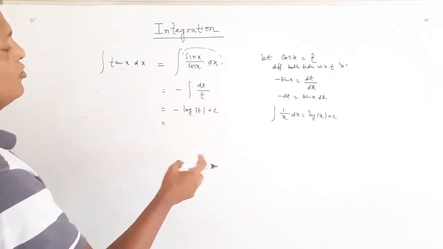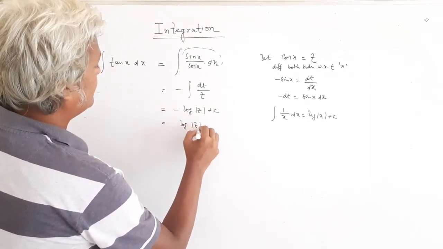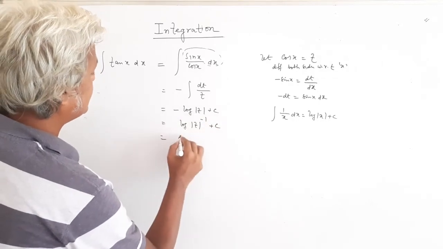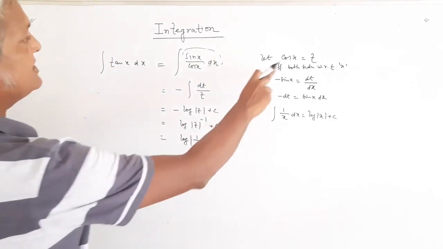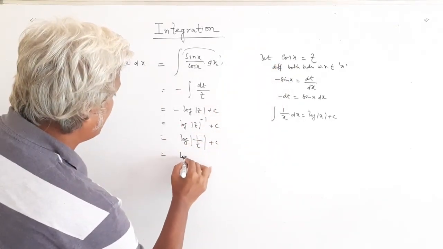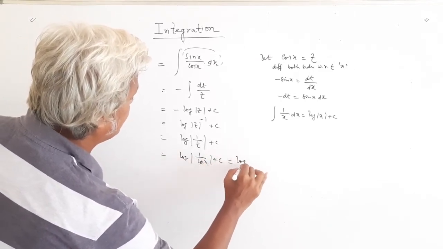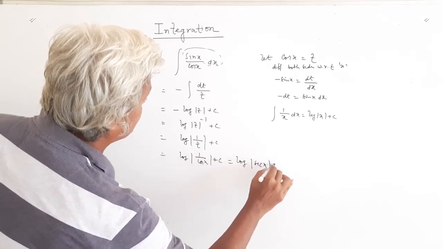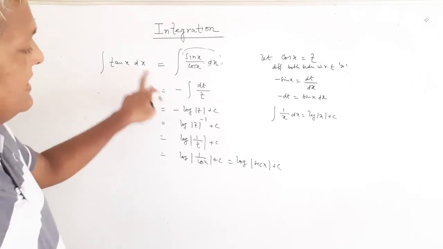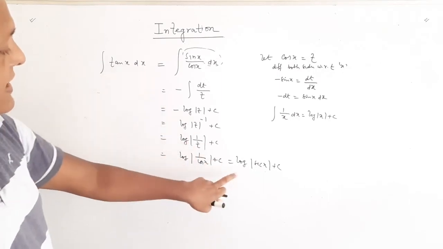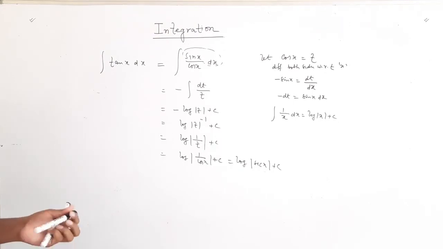Now I just take the reciprocal, because minus log t can be written as log t to the power minus 1 plus c, that is log 1 over t plus c, and what is t? It is cos x. So write log mod 1 upon cos x plus c, equal to log mod sec x plus c. So your formula becomes: integration of tan x with respect to x is log mod sec x plus c. Same way we'll try to find out the integration of cot x also.